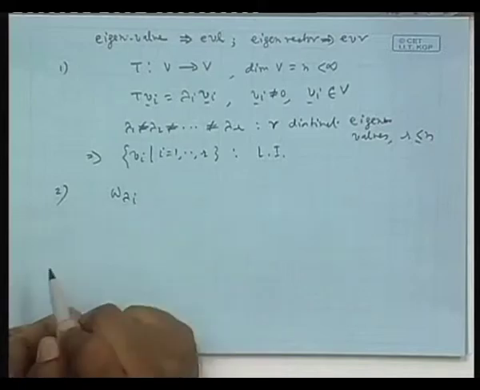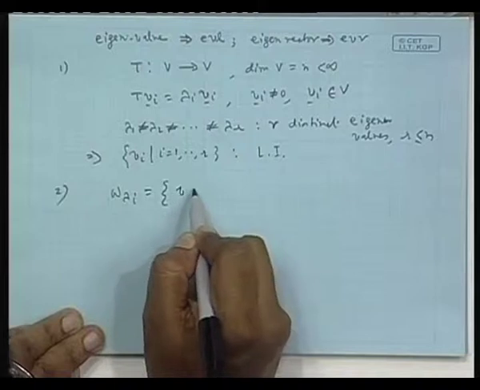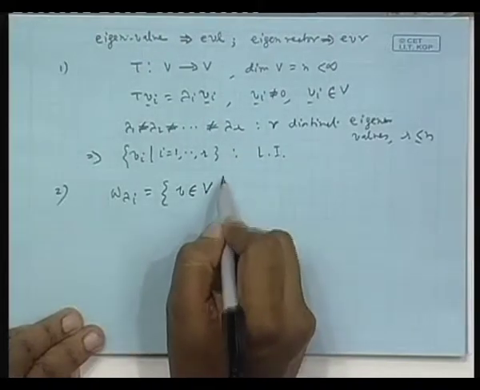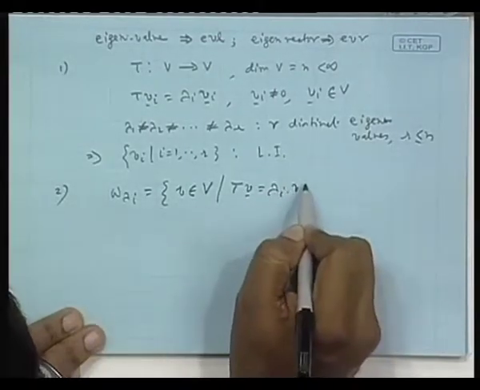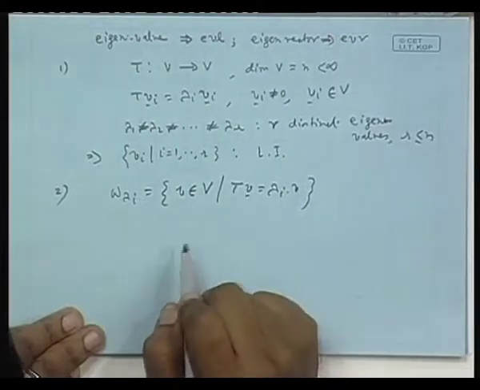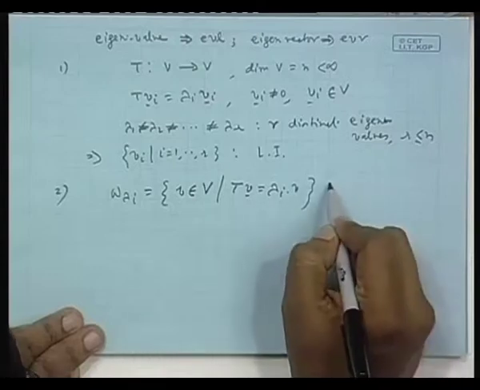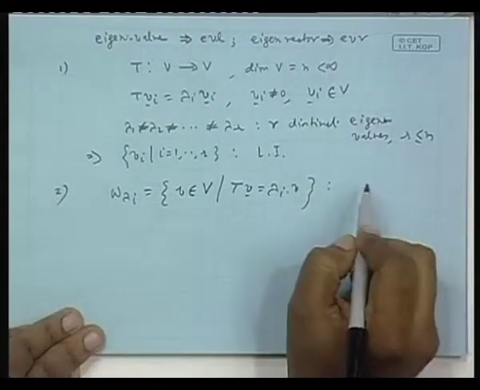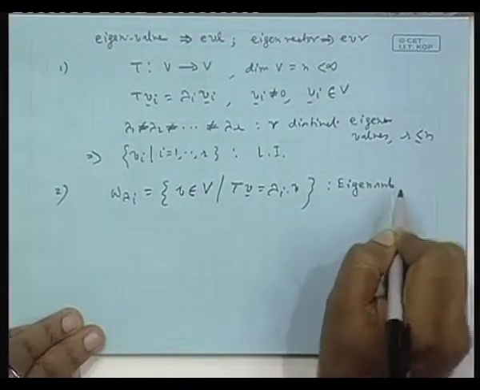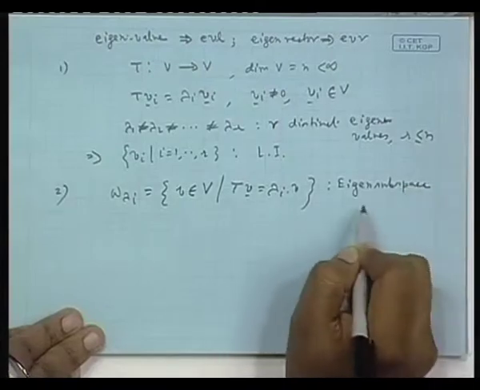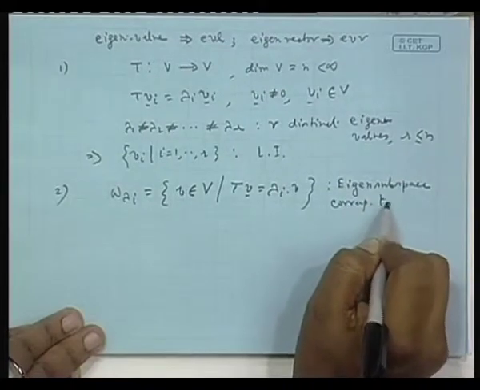Suppose I consider W_lambda_i as those vectors belonging to V such that T working on V gives you nothing but the chosen lambda_i times V. This is the eigen subspace corresponding to lambda_i.